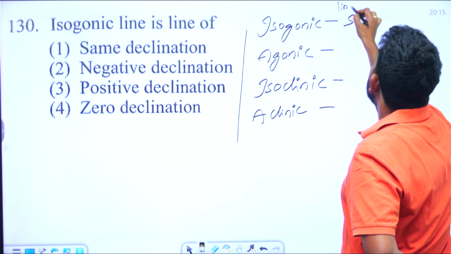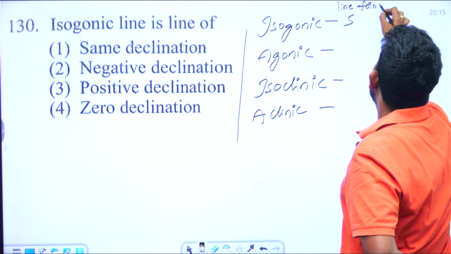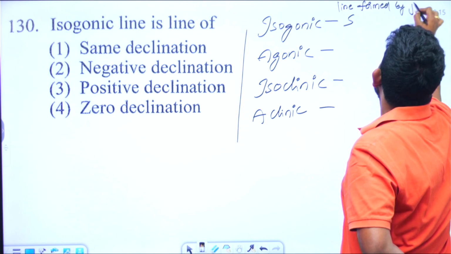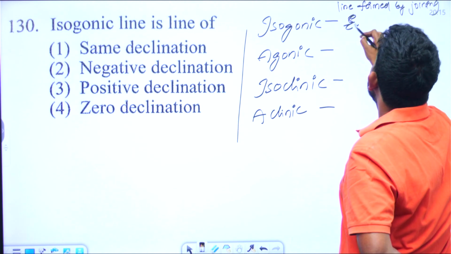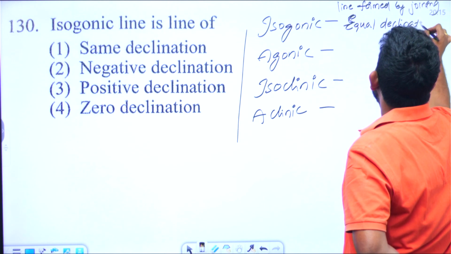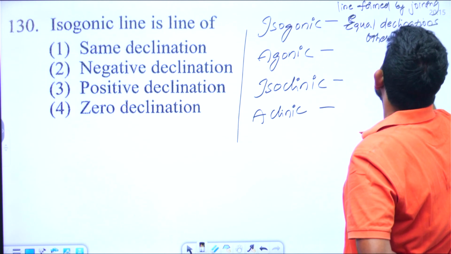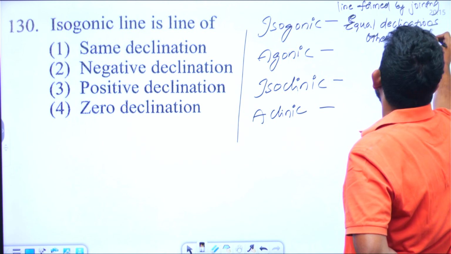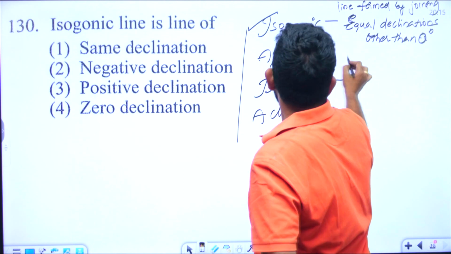Isogonic lines are nothing but lines formed by joining points of equal declination other than 0 degrees.